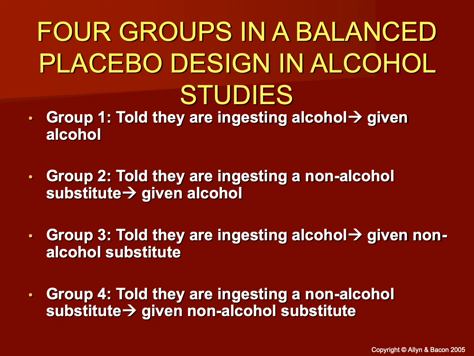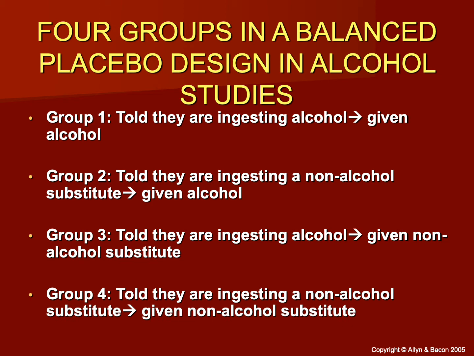The notion being that we know that alcohol has some pharmacological effects, but alcohol also has some effects related to just our anticipation of alcohol, what we think alcohol is going to do. And so we need to get at that as well.